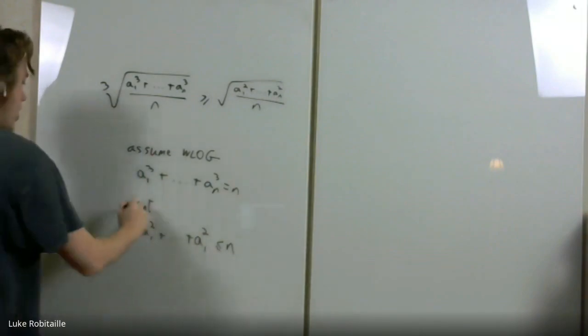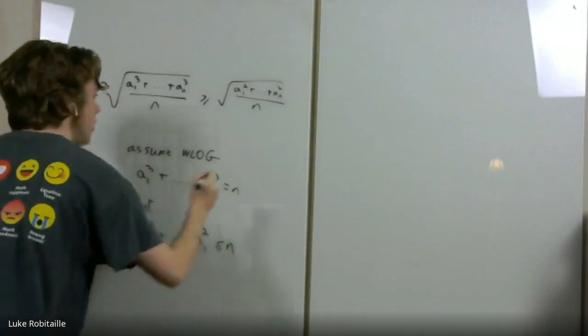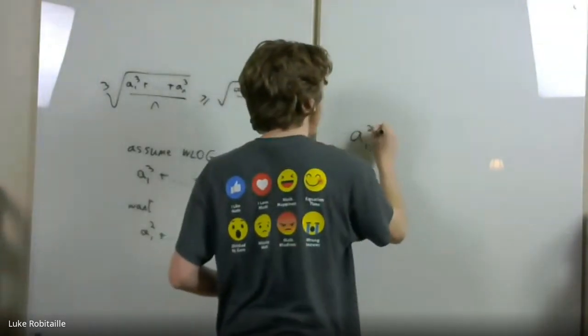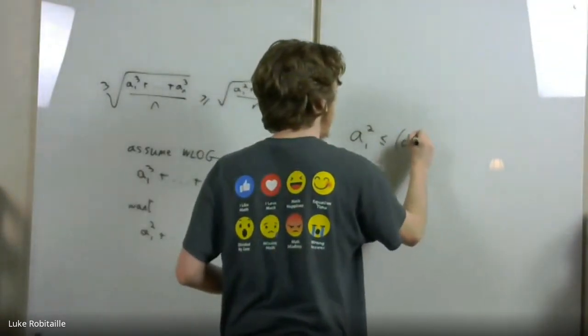But now you can just do this term by term, where you get a1 squared as a weighted geometric mean of a1 cubed and 1.